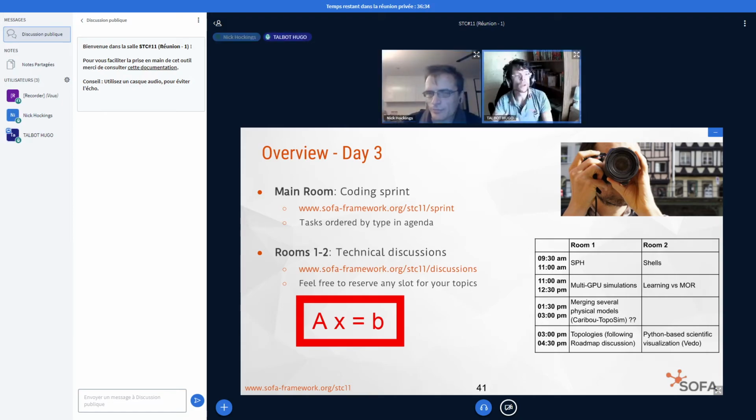The reason I'm asking the question is that what I would find nice is to see these methods fitting the usual SOFA API for designing and solving a system, right?